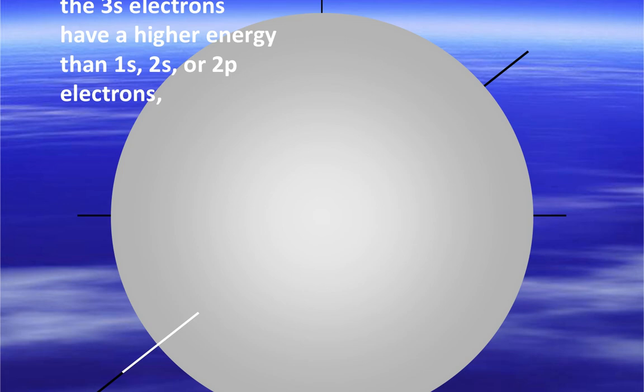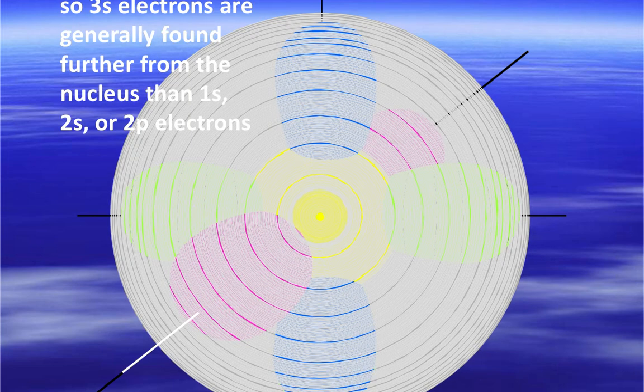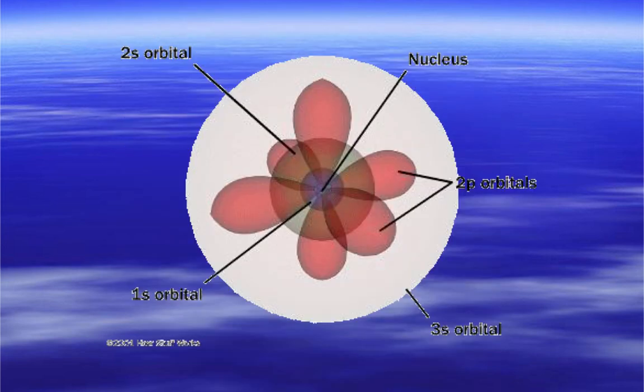The 3s electrons have a higher energy level than 1s, 2s, or 2p, so they're generally found further away from the nucleus, while the orbitals with lower energy levels are closer to the nucleus. You can see here where that real estate resides in physical space: the 3s electrons are around all of the second energy level, and the first energy level is closest to the nucleus.